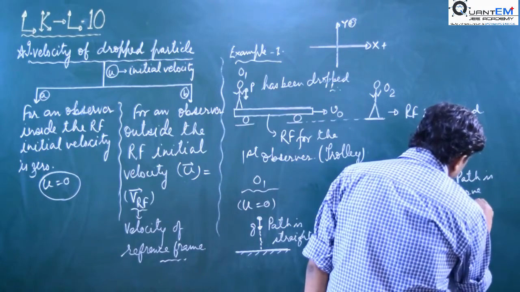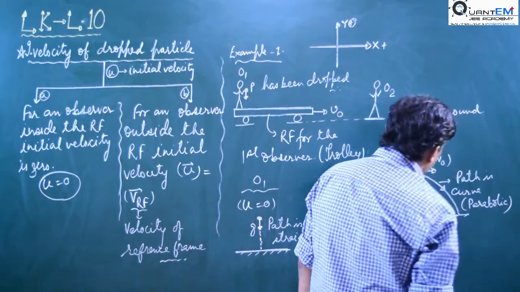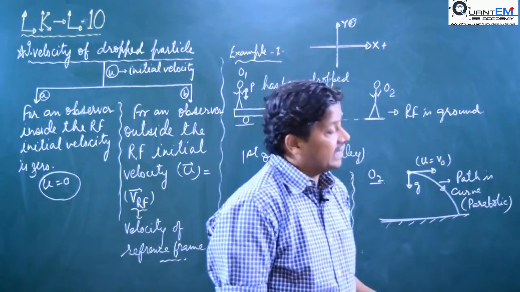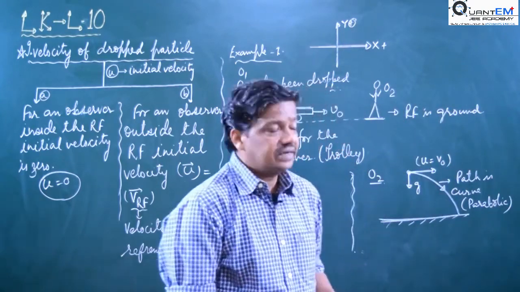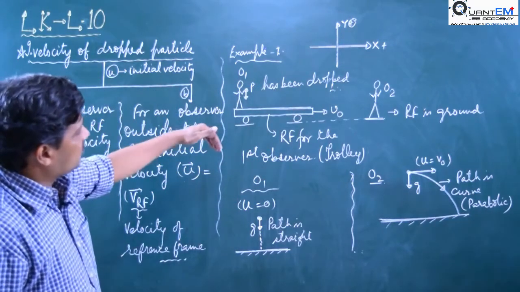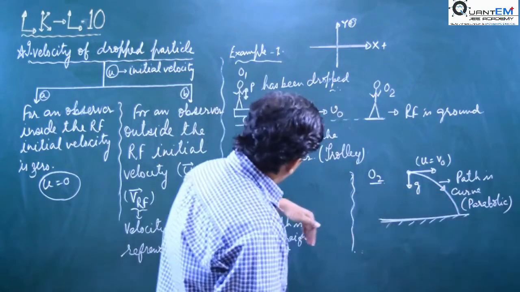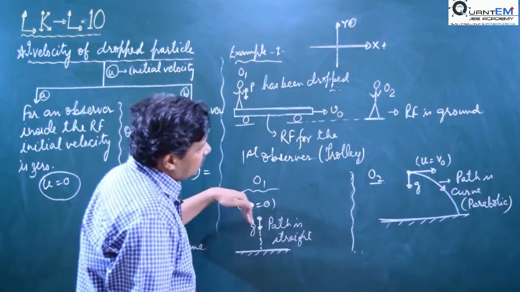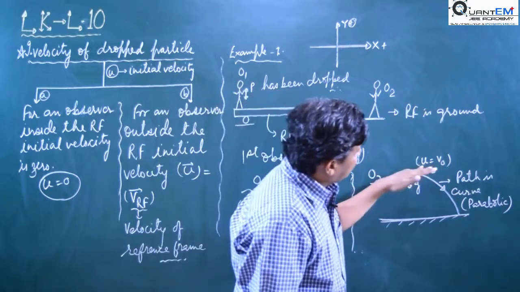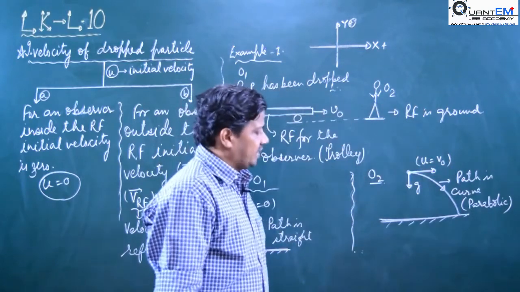Okay, and here it is strictly a parabolic path. Why it is parabolic, we'll discuss in projectile motion in 2D. Okay. So see, for the first observer, the path is straight, while for the second observer, the path is parabolic. For the first observer, the initial velocity is 0, while for the second observer, the initial velocity of the particle is the same as the velocity of the reference frame.